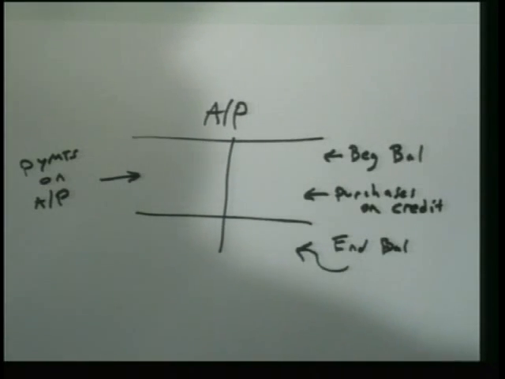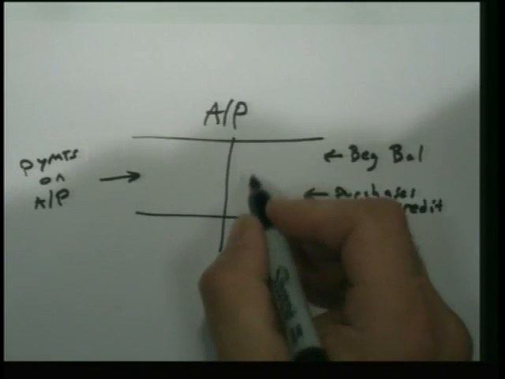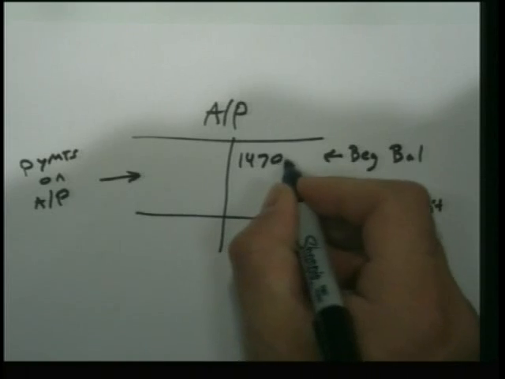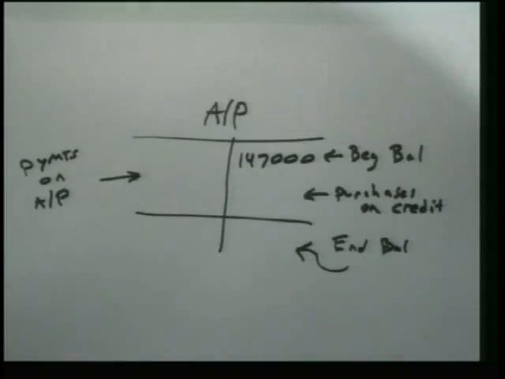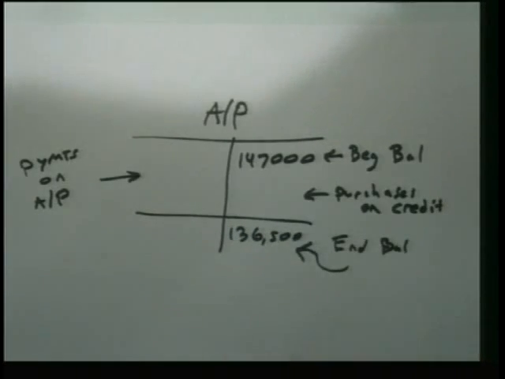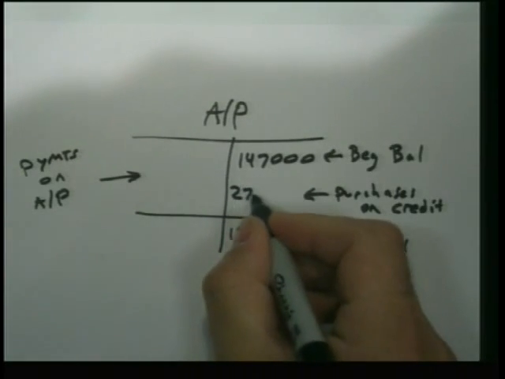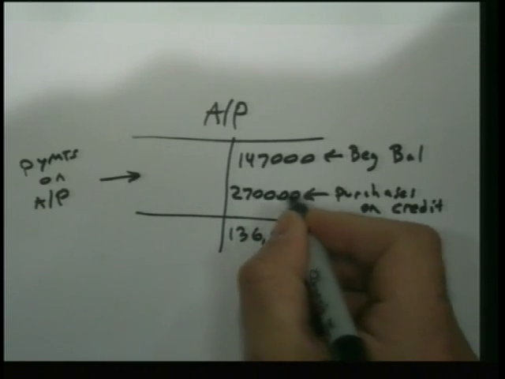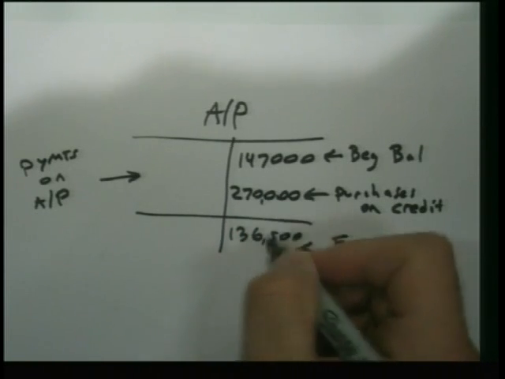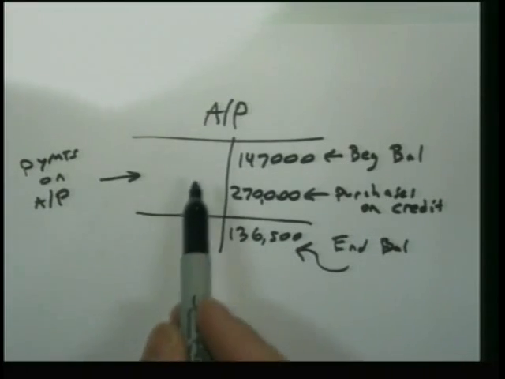We had 147,000 at September 30th, and 136,500 at the end of the month. Purchases on account during October were 270,000. And they want to know how much cash was paid on accounts payable.